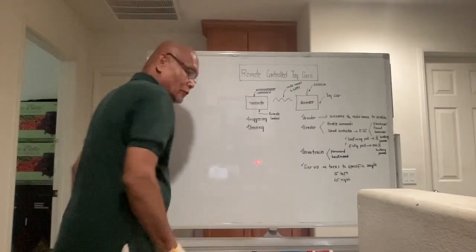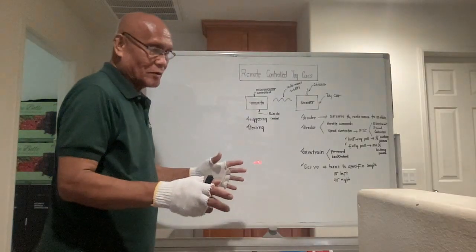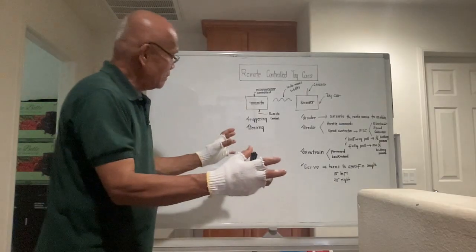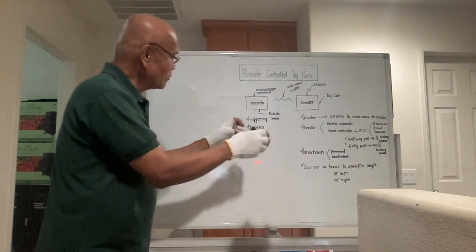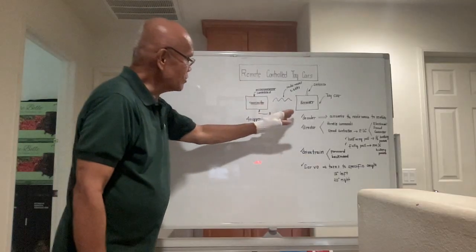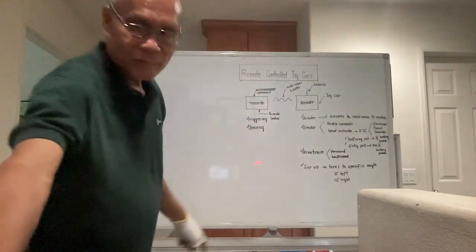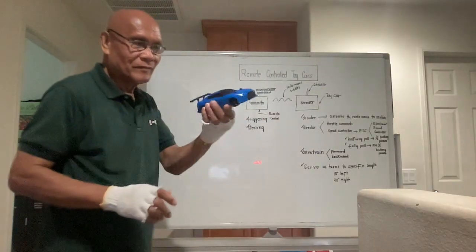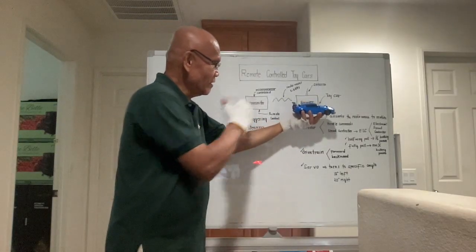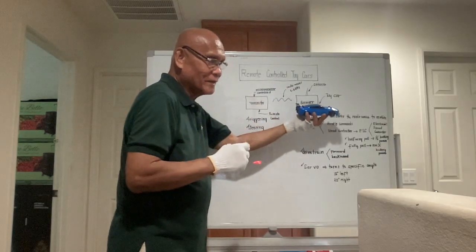For remote controlled toy cars, this is how it operates. I have given you two block diagrams on the board. The first one is the transmitter. The second one is the receiver. The receiver is the toy car, this one here, because it needs a signal for it to operate remotely.